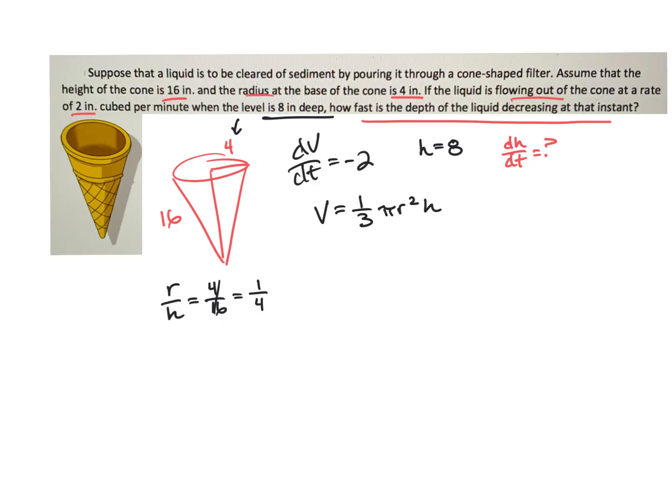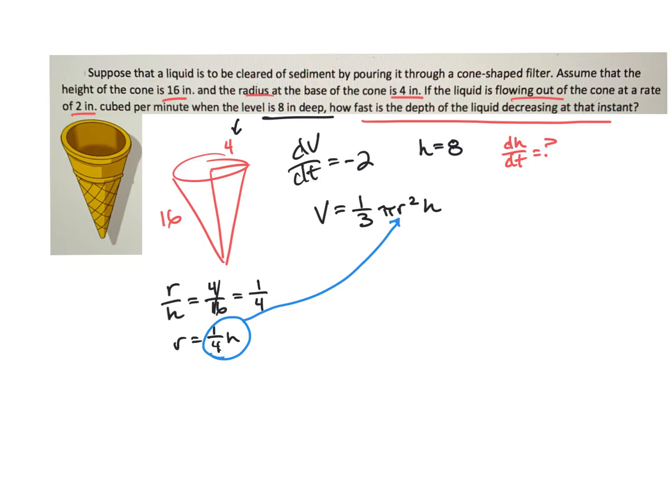And so I want to replace my variable of R with something in terms of H. So what does R equal? 1/4 H. Sometimes I call it H over 4, but it's the same. So now we're going to substitute it in right there. It felt disgusting, didn't it?